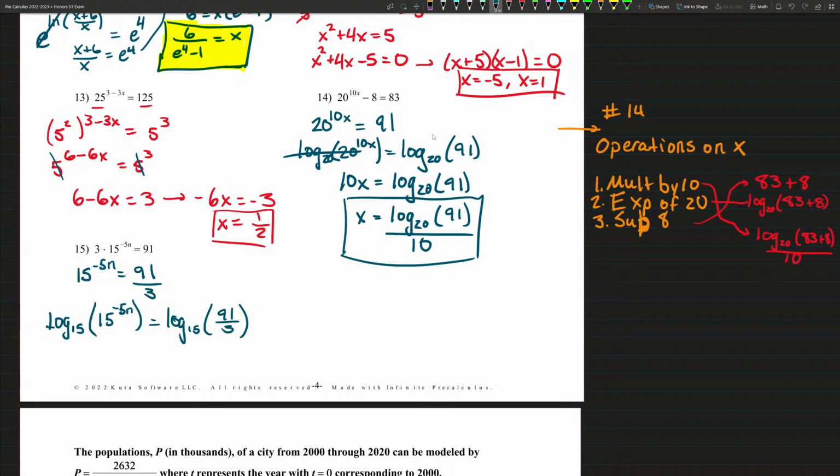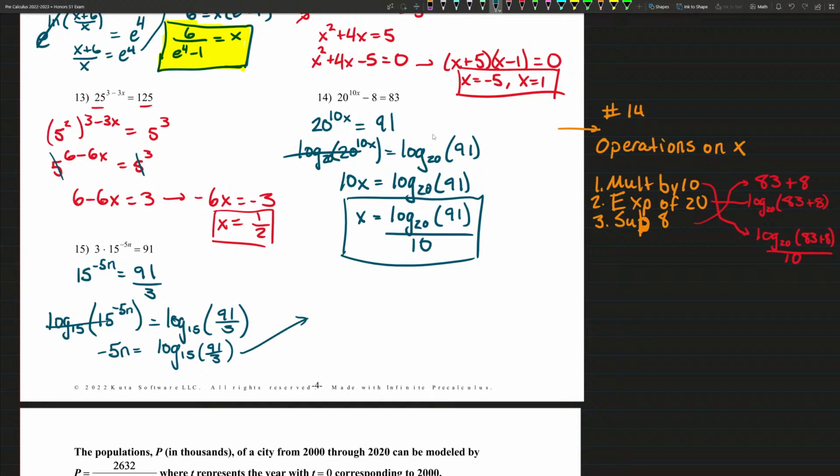The log base 15 of 15 cancels, so we have negative 5n is equal to log base 15 of 91 divided by 3. Again, we cannot cancel the log on the right because they do not have the same base on the inside and the outside.